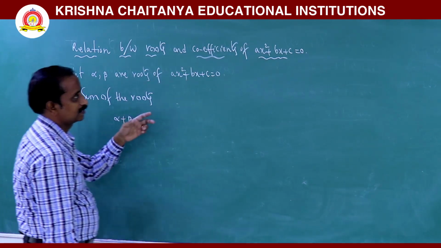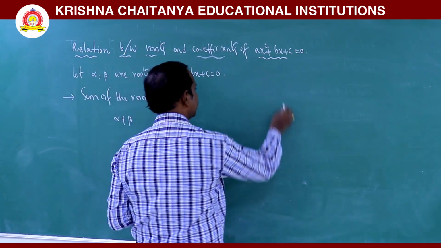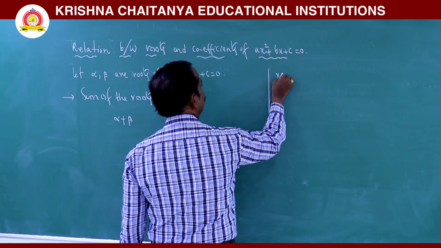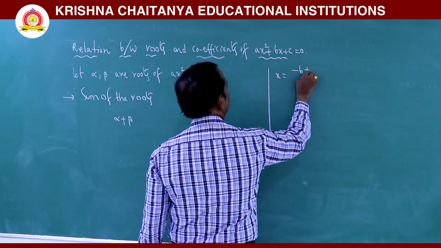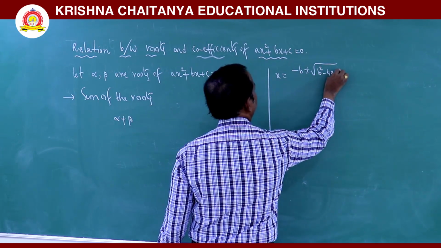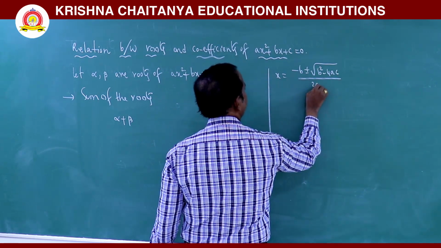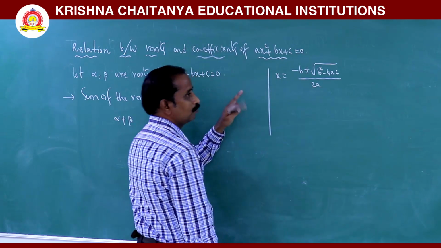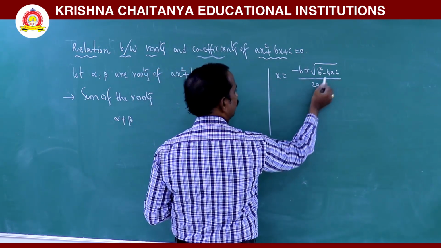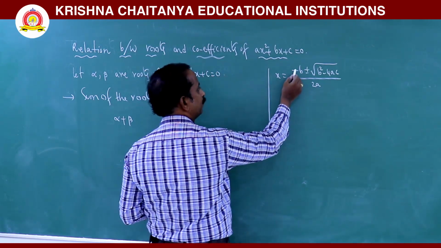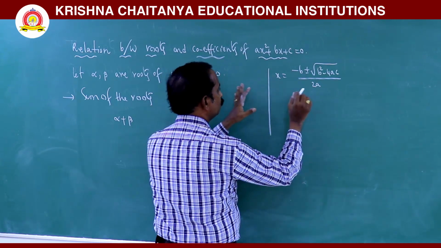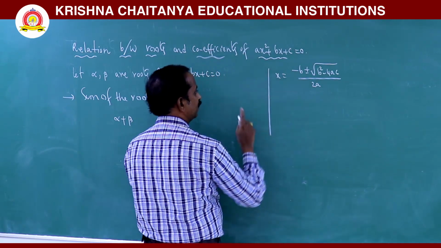Already just now we discussed the roots of the quadratic equation: x is equal to minus b plus or minus root of b square minus 4ac whole divided by 2a, in which there are two roots. One of the roots is minus b plus root of b square minus 4ac by 2a, and another root is minus b minus root of b square minus 4ac by 2a. Of the two roots we assume one is alpha, another is beta.